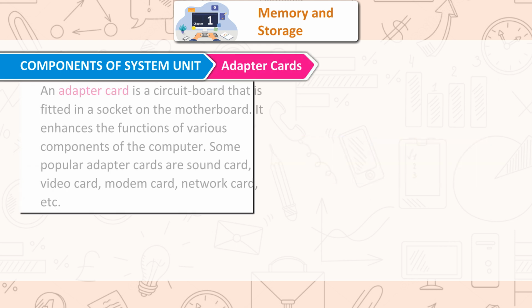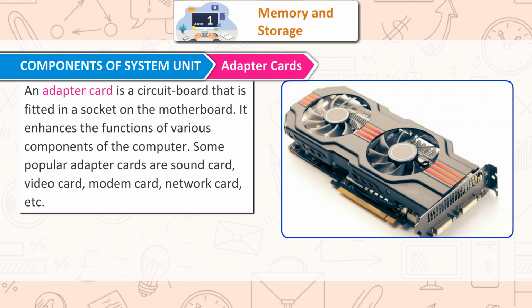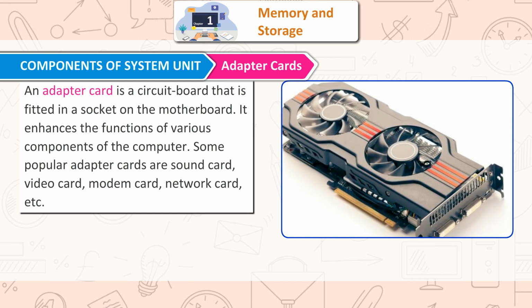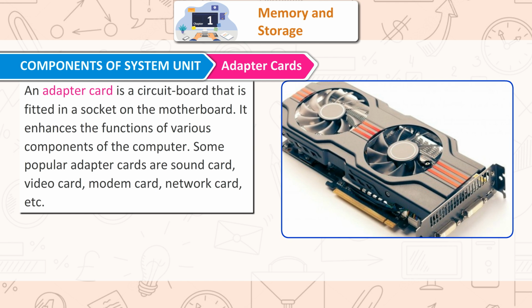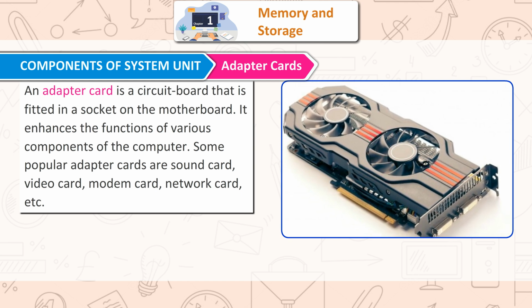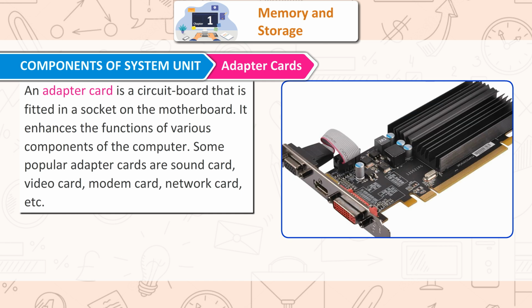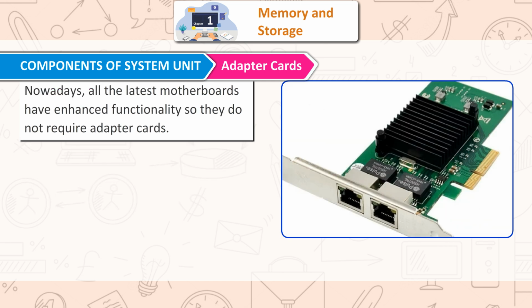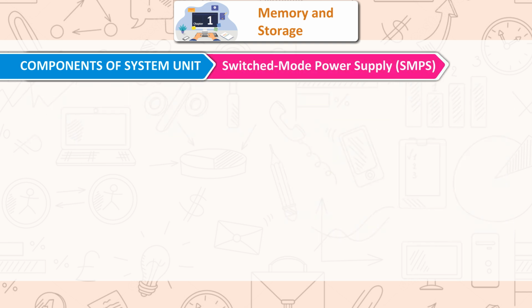Adapter cards. An adapter card is a circuit board that is fitted in a socket on the motherboard. It enhances the functions of various components of the computer. Some popular adapter cards are sound card, video card, modem card, network card, etc. Nowadays, all the latest motherboards have enhanced functionality, so they do not require adapter cards.